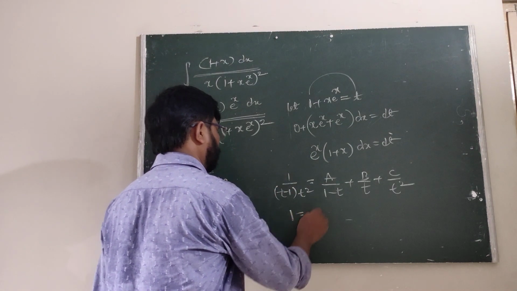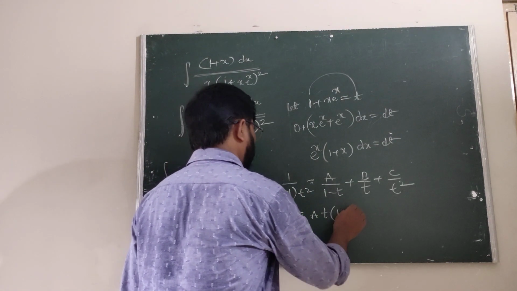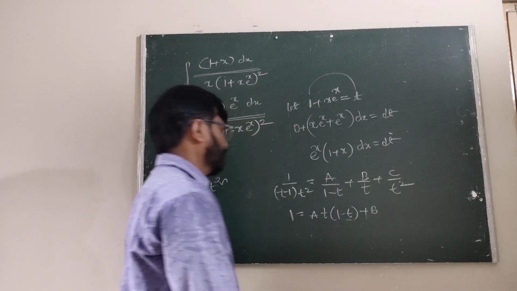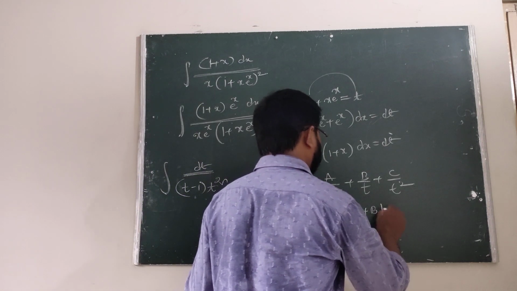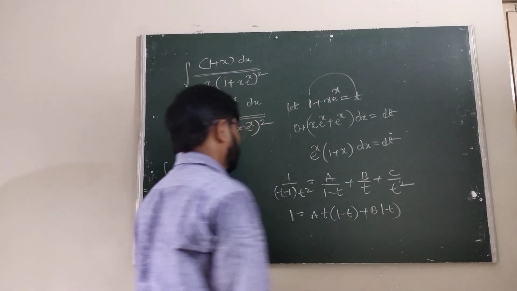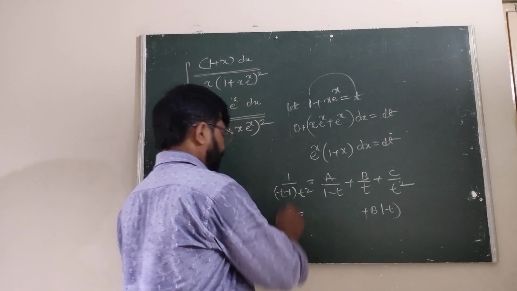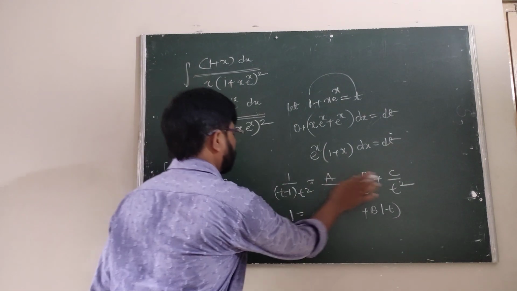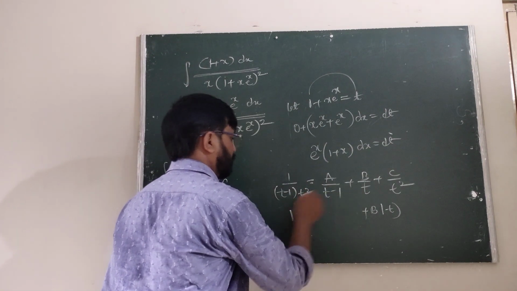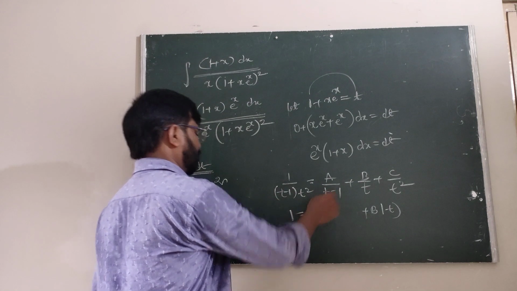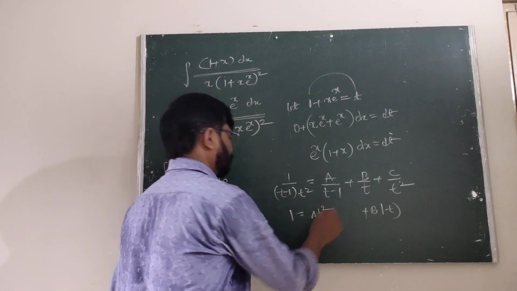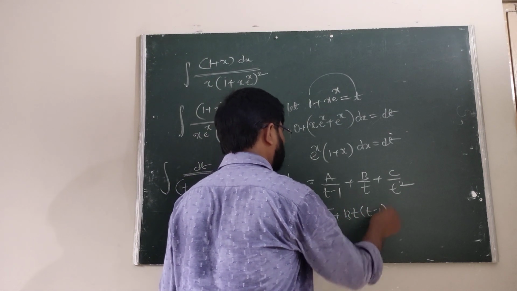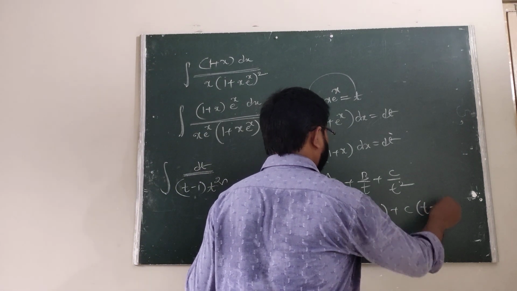Therefore, 1 equals A into t square plus B into t (t minus 1) plus C into (t minus 1).